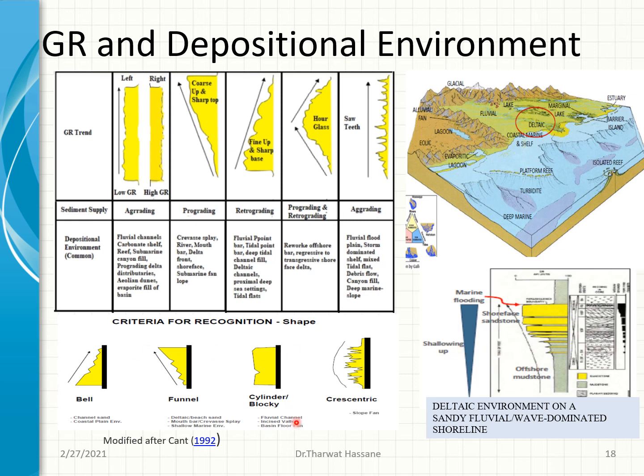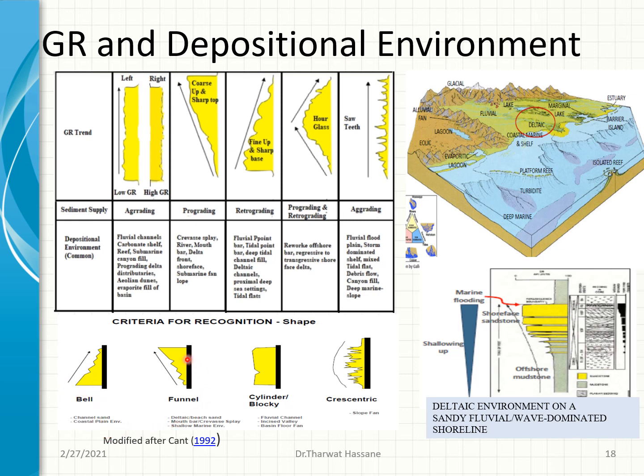And these are the most famous shapes from the gamma ray that you use to identify the environment. For example, you have a bell, a funnel, cylindrical or blocky, and concentric, which looks something like a zigzag. Whenever you have a bell shape, this may be channel sand or coastal plain environments.